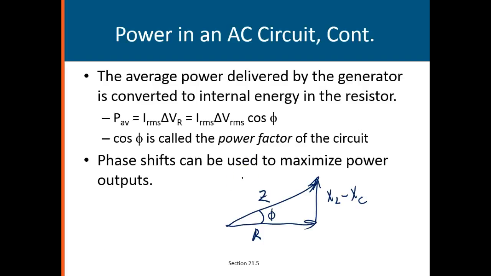Now, P average is equal to the RMS current times the delta V across the resistor, which would be the RMS current times the RMS voltage difference and cosine phi. Well, what is cosine phi?